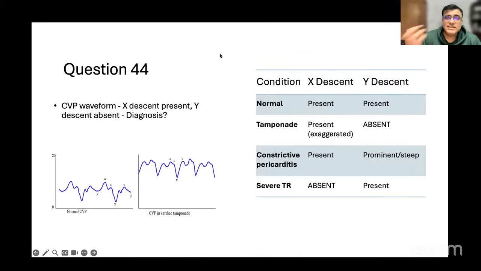The opposite happens in severe TR: the X descent will be absent and the Y descent present. In constrictive pericarditis, the X descent will be present, but the Y descent will be very steep and prominent. So if they had given cardiac tamponade as the option, that becomes the correct answer.